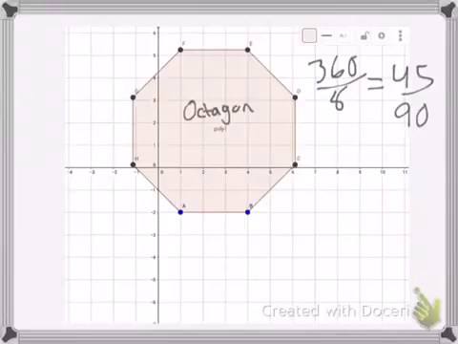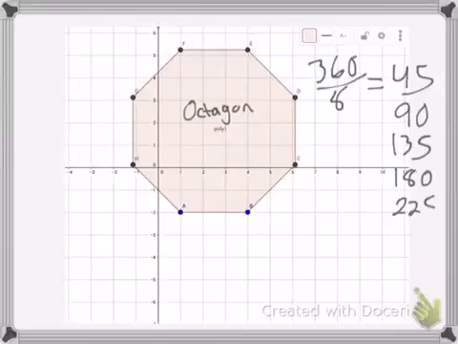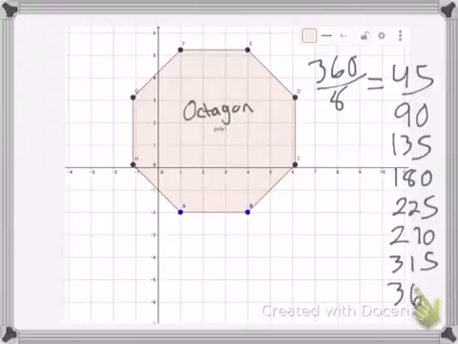And remember, we don't have to have 8 of these. 135, 180, 225, 270, 315, and 360. 1, 2, 3, 4, 5, 6, 7, 8. 8 sides, 8 degrees of rotational symmetry.